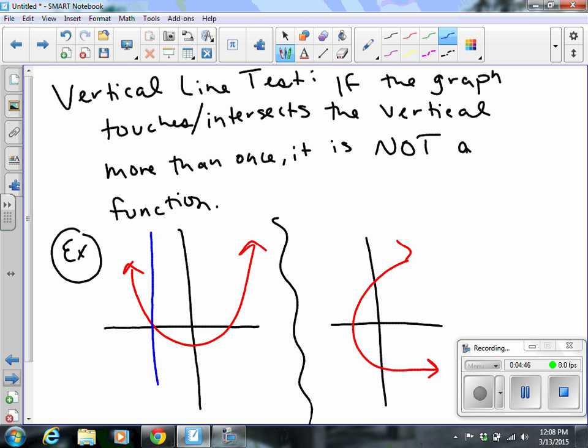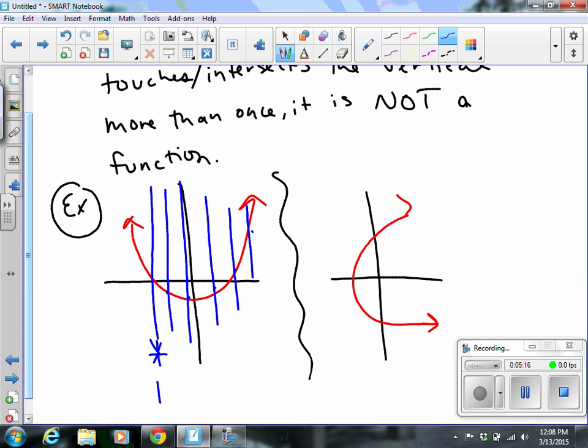That means if I were to draw vertical lines all the way across this, looking at just one vertical line, so I'm looking over here at the far left one, how many times does the red line cross that vertical line? Once. Okay, move on to the next vertical line. How many times does the red line cross that vertical line? Once. Move on to the next one. Once, once, once, once. So this first one, it is a function.